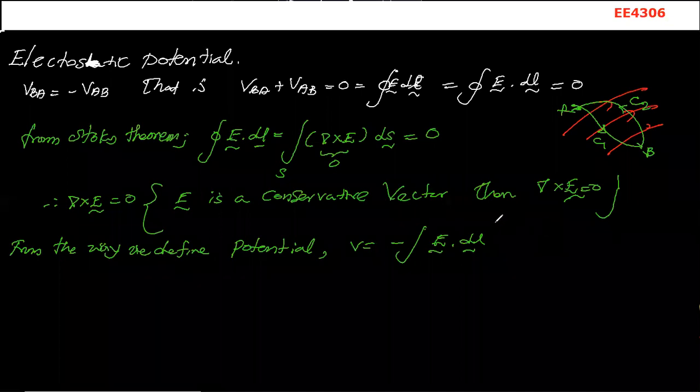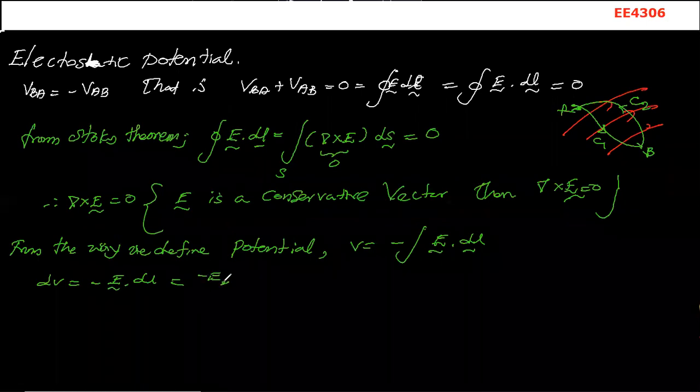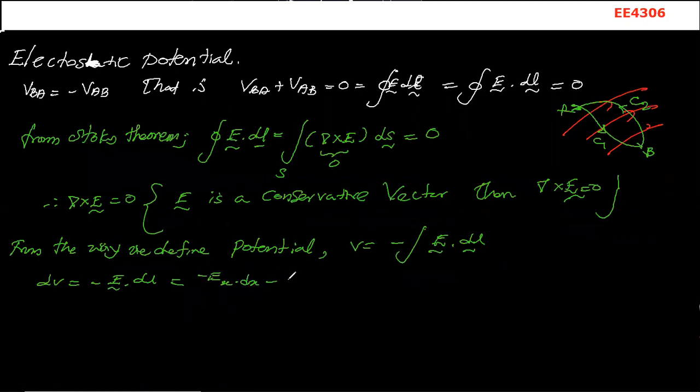So dV, then you can write down minus E into dl, or minus Ex dx minus Ey dy minus Ez dz.